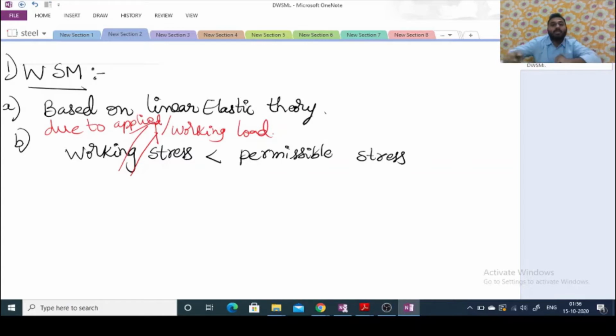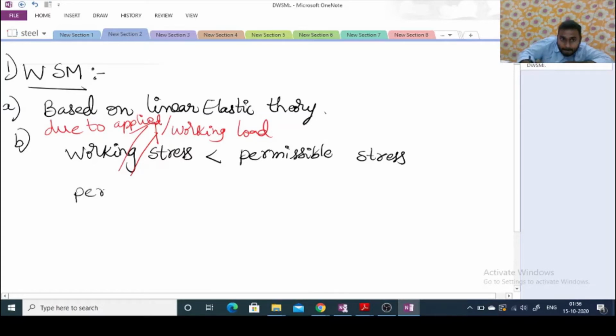Now what is meant by permissible stress? Permissible stress is defined as some fraction of yield stress. Mathematically, permissible stress is represented like this: Fy by FOS.